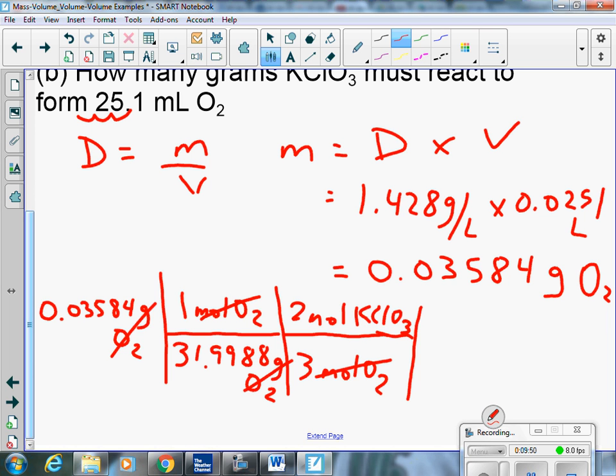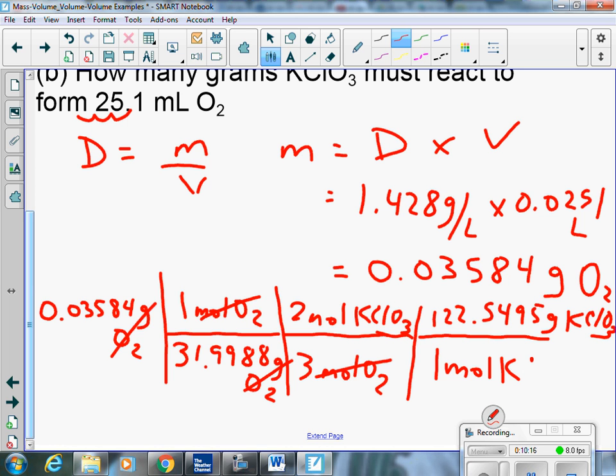My final thing I need to do is find the molar mass of KClO3. Well, I've already done that. My molar mass of KClO3 was 122.5495 grams. KClO3 is 1 mole of KClO3.